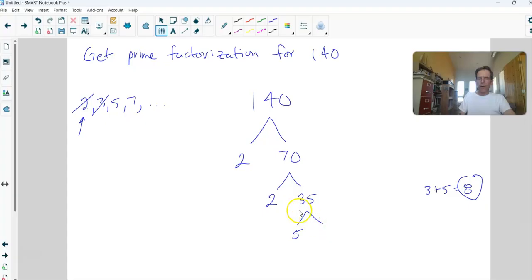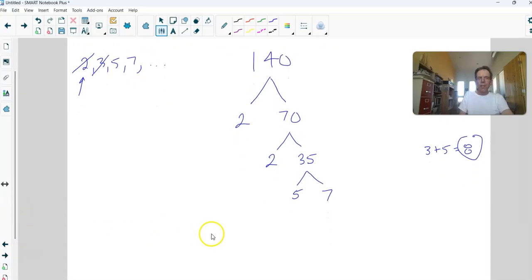The number ends in 5, so it's divisible by 5. It goes in 7 times. So now we see at the ends of the branches, we have nothing but primes. We're done. The prime factorization for 140 is 2 times 2 times 5 times 7. So there's our prime factorization. Pretty easy.